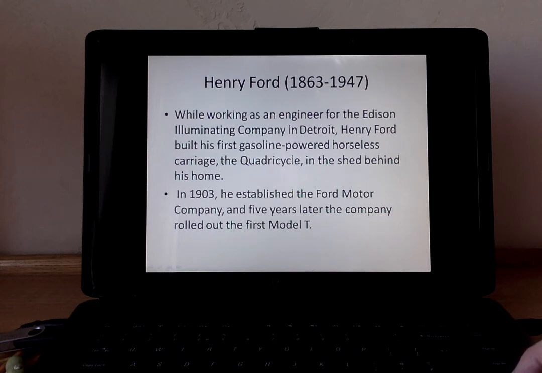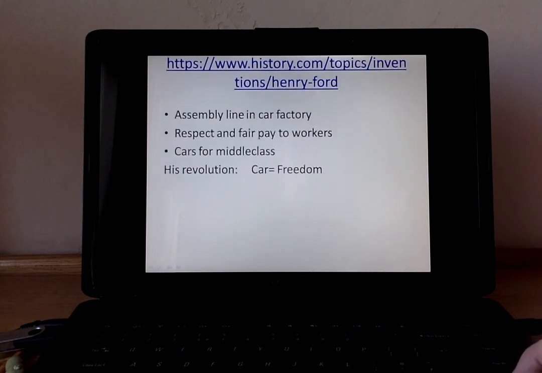He then established the Ford Motor Company, and 5 years later the company rolled out the first Model T. Here is another link for you to know more about his life. Assembly line in a car factory. He was famous for respect and fair pay to workers, and he invented the car for the middle class. So he made a revolution. Car means freedom.